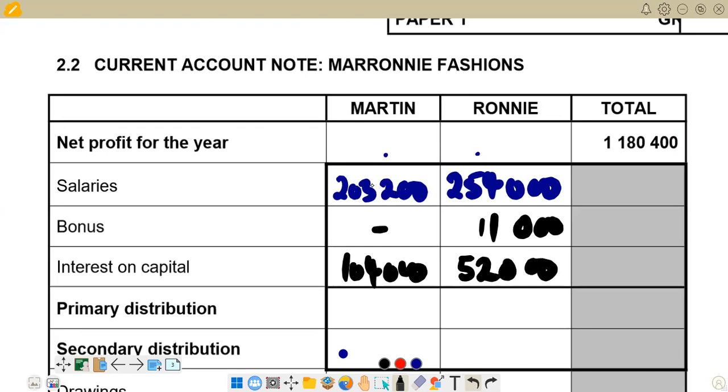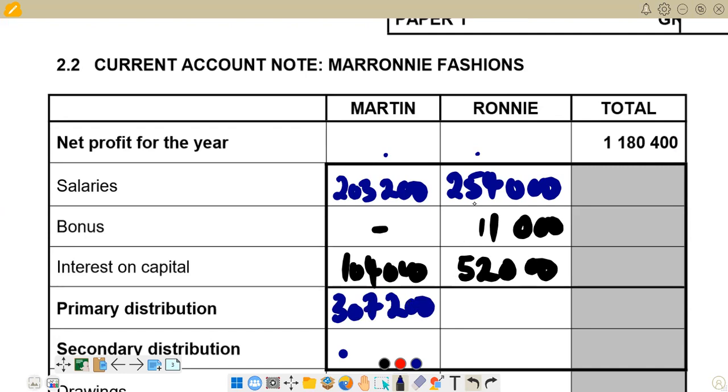And for primary distribution, now we are adding this one plus this one plus this one. You've got nothing, so you're adding this one plus this one to get our primary distribution, which is 203,200 plus 104,000. And obviously you are going to get 307,200. So here we have got 307,200. That's what we have.